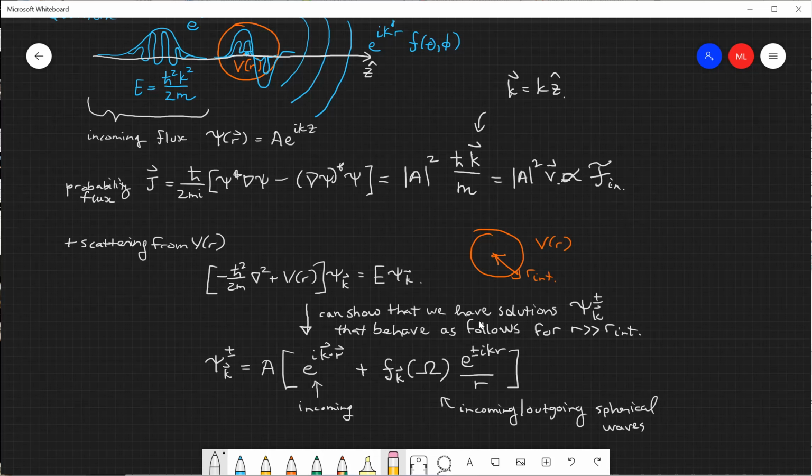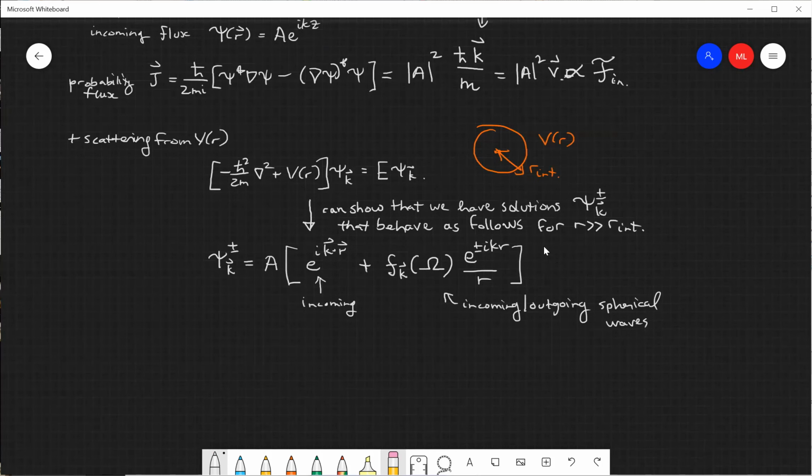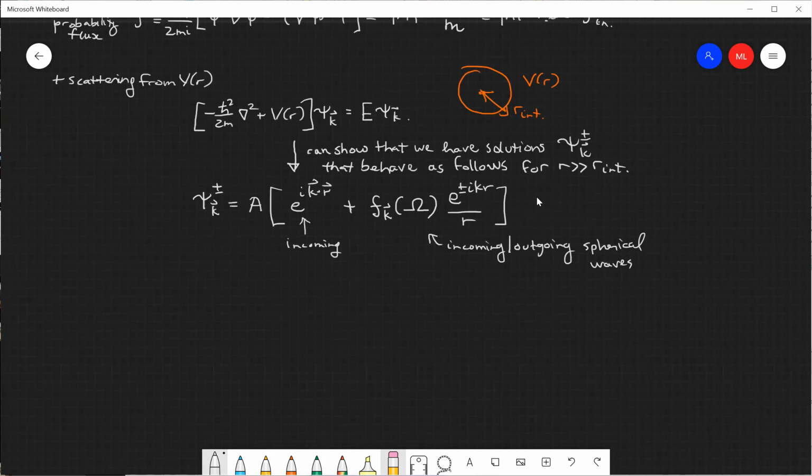Again, the idea is that this part's the incoming part, so any flux that comes from this piece is the part that's associated with the scattered portion of the solution. So we want to know what the flux is associated with that piece. And this is kind of nice because there's this 1 over r here.